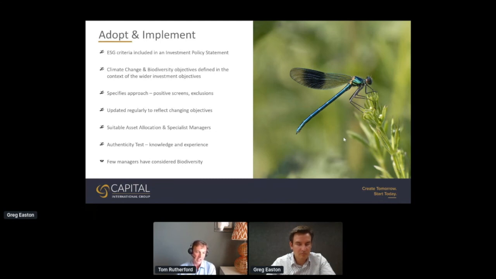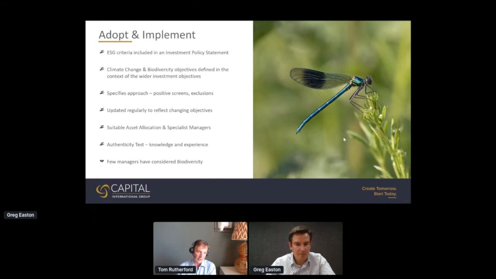The idea that the specific understanding of nature loss, land use, pollutants, the responsible sourcing of products, and there are real issues within the beef industry, the soy trade, even within forestry, pulp and paper. It requires a manager who's prepared to get into that detail and look at the underlying factors that are impacting on their investment companies.